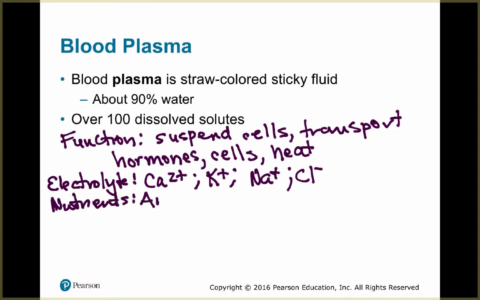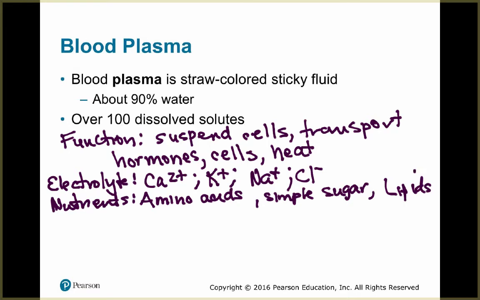So things like amino acids, simple sugars like glucose or fructose, fats like cholesterol, or even vitamins like vitamin A. You have things like non-protein molecules, substances that are there.